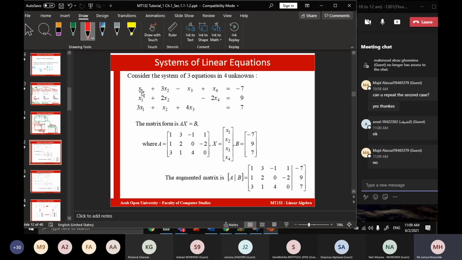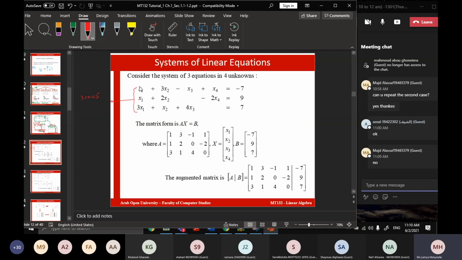How many unknowns? 1, 2, 3, 4. Is there x5 or x6? No, it goes up to x4. So I have 4 unknowns and 3 equations. The number of equations gives me the number of rows. So from here, since there are 3 equations, I will have 3 rows.